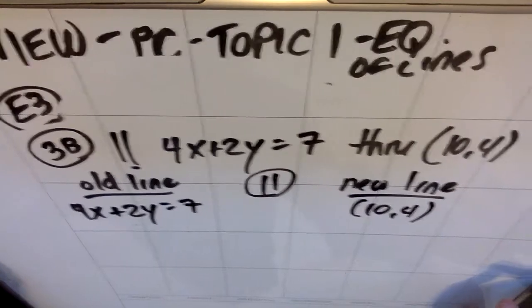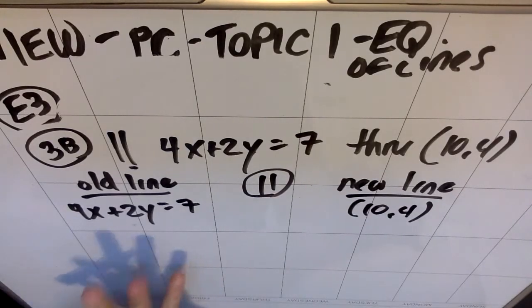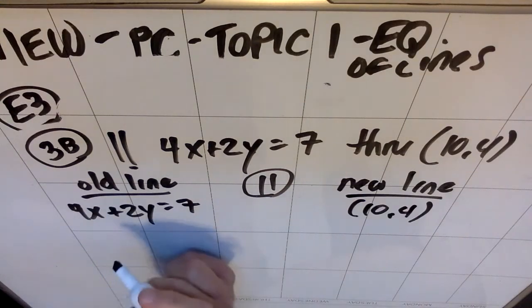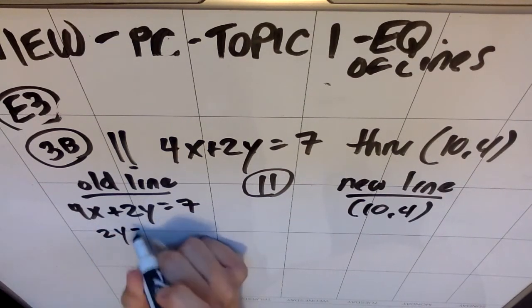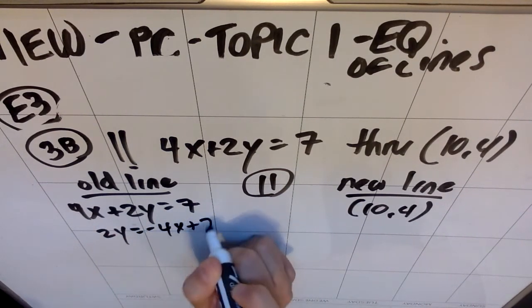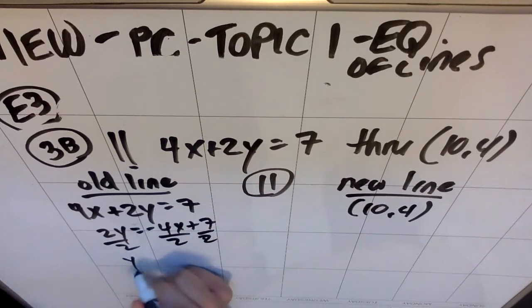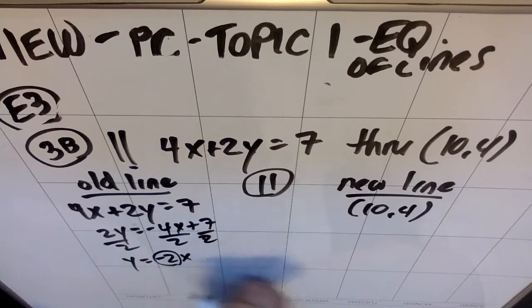And I know the point for the new line, right? (10, 4). So first thing I need to do here is identify the slope in the old line, because parallel means same slope, so I have to know what the slope is. If I solve for y, I get y equals -4x plus 7 over 2. I divide everybody by 2. And the only part that's actually important is I get a -2 for the slope. I don't care that I get a 7/2 for the y-intercept, because this slope is all I care about.